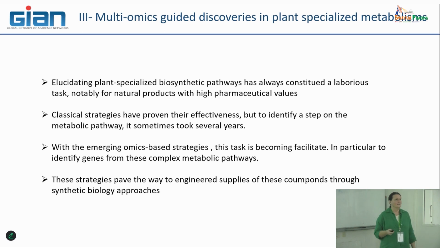But you will see that even if it is now a very nice set of tools, it's always difficult to find the good genes. And what is interesting is that as we have now considerably increased the number of genes known to be part of one or another metabolic pathway, we now have enough material to engineer supplies in the cells, in the plant cells, but also in other types of systems, what are named cell factories.